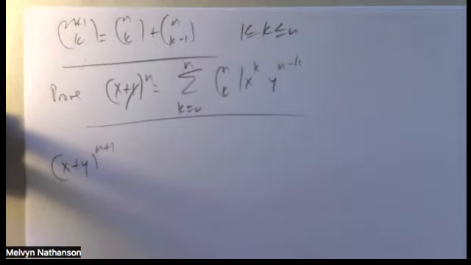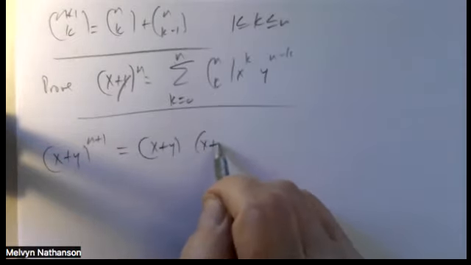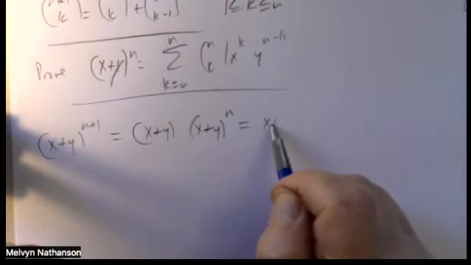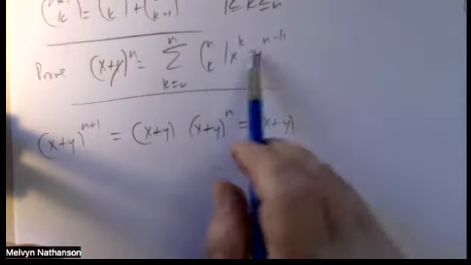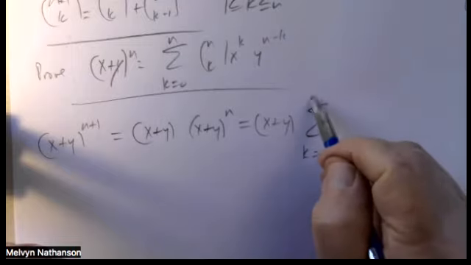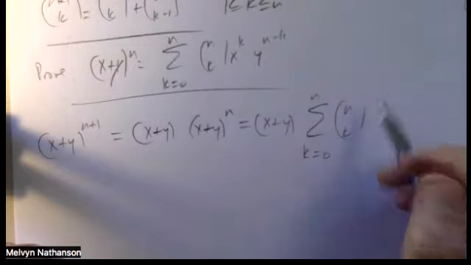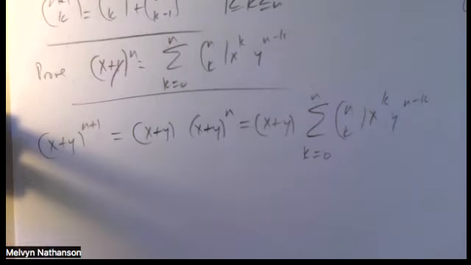So what is (x plus y) to the n plus 1? That's the same as (x plus y) times (x plus y) to the n. By the induction hypothesis, that's (x plus y) times the summation, k goes from 0 up to n, of n choose k, x to the k, y to the n minus k.